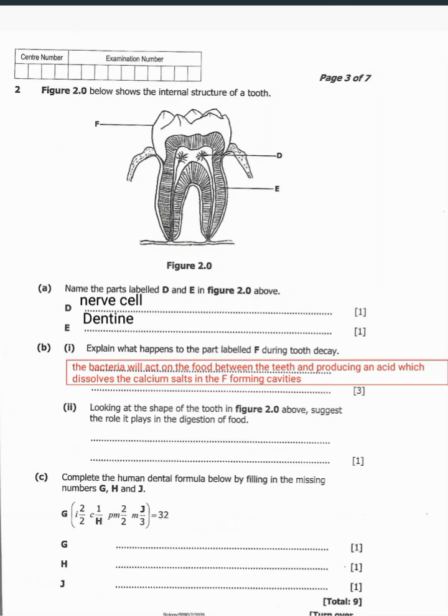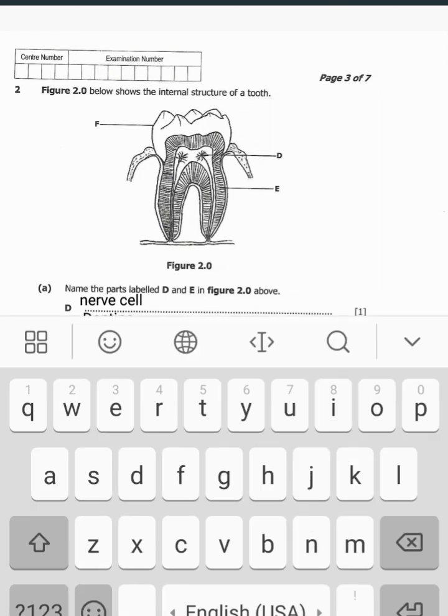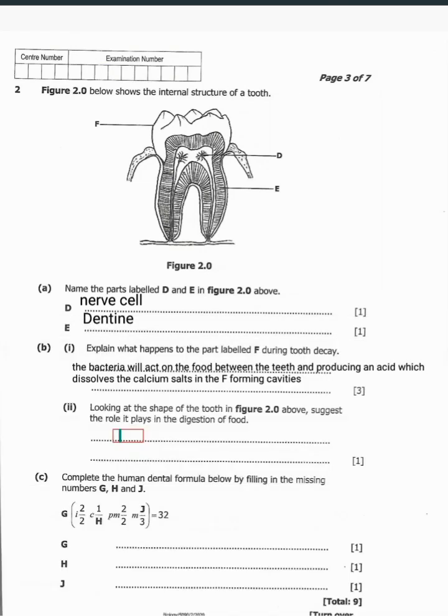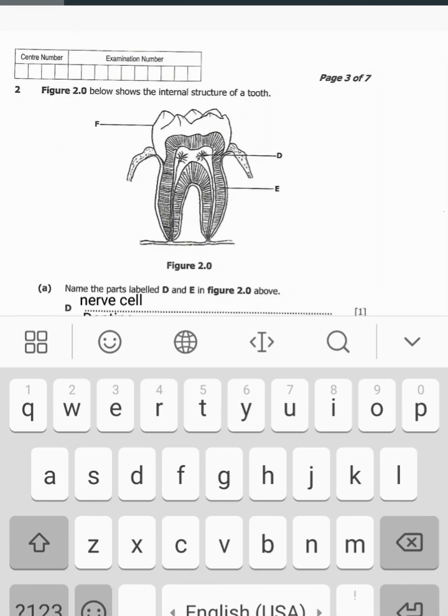We need to understand that digestion mostly starts in the mouth, and in the mouth, this is where we're also going to find the same tooth. So this tooth also has to play a role in digestion. When you look at its shape, we understand that this is the one that is responsible for crushing and grinding of the food. So the role that it plays is that it crushes or grinds the food.